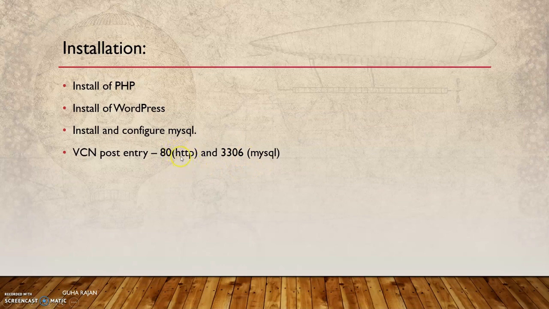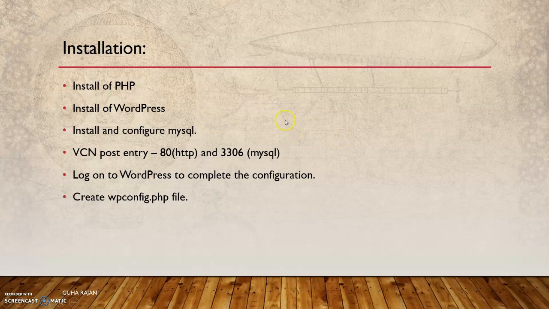If you are using HTTP, yes, it needs to be 80. If it is HTTPS, particularly if you are using any credit card, then it is a different port. But as of now, we'll be using port 80. And then finally you can log on to WordPress to complete the configuration.